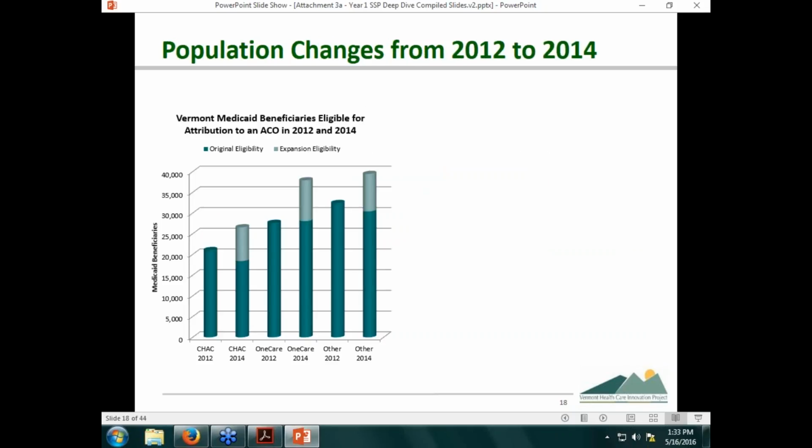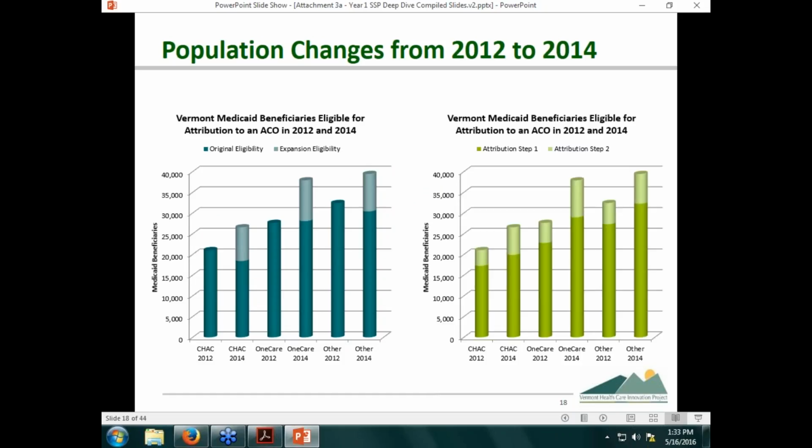So on this slide, we can take a little bit of a look at what those 2 categories do for changing our population from 2012 to 2014. So in the figure in the darker green color on the left, we see the impact of being attributed in 2012 and then having the added folks who are eligible through Medicaid through the expansion in 14.